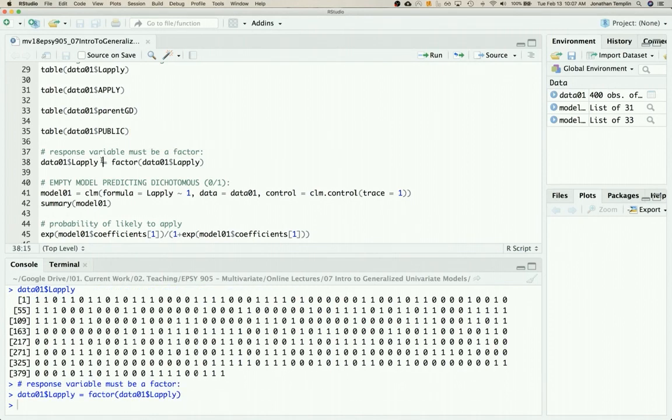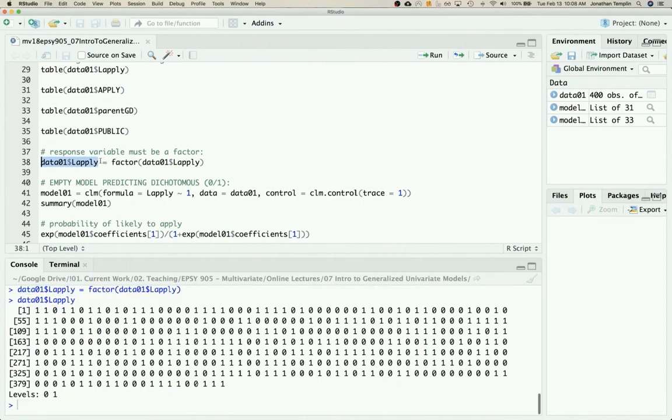If I set the original variable equal to itself in the factor function and show it, R gives me all the data again, but it now tells me there are two levels, 0 and 1. That's helpful to the clm function because it will try to figure out the parsing of the model based on these levels of your data.